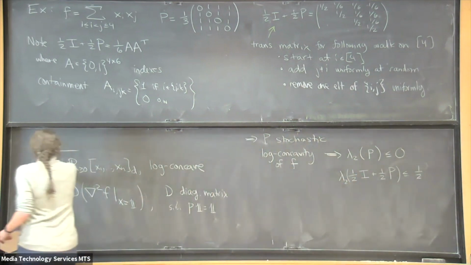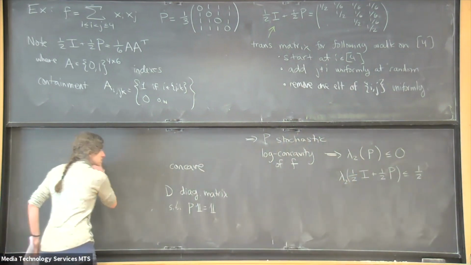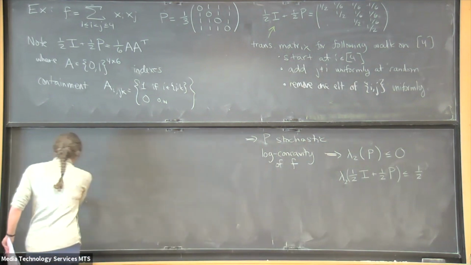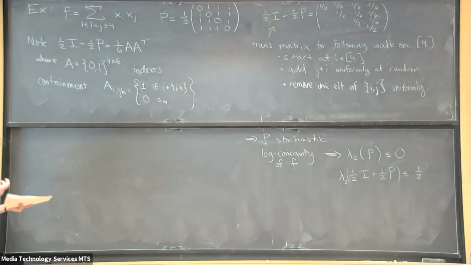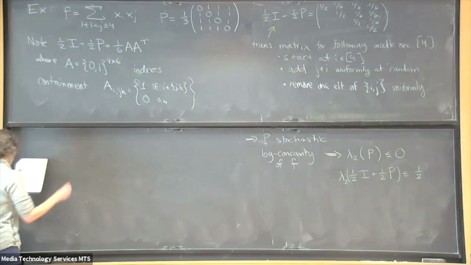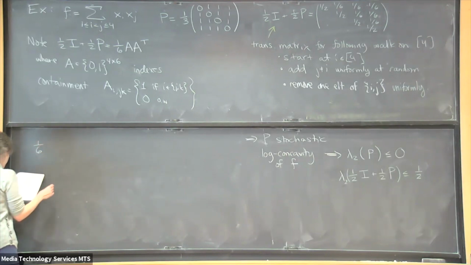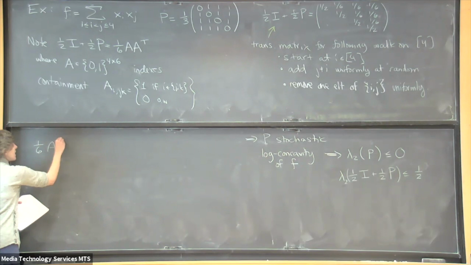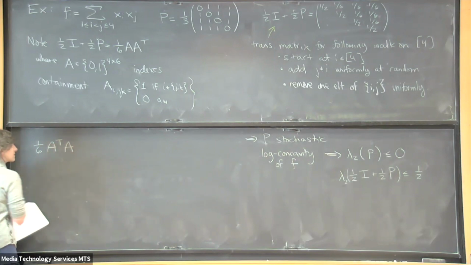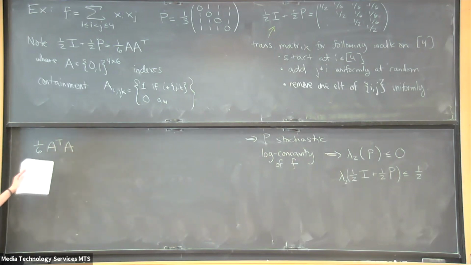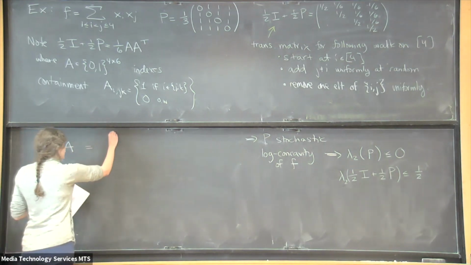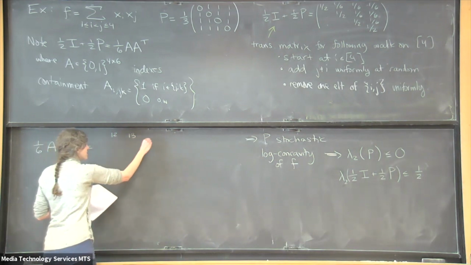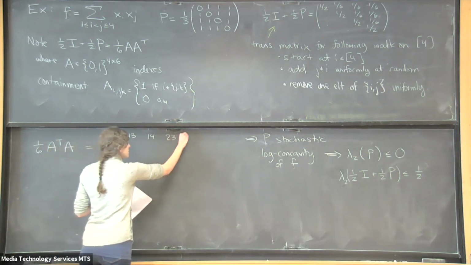And also, I could compose these steps in the opposite order and define a walk on subsets of size 2. The corresponding matrix would be A transpose A. This is going to be a 6 by 6 matrix, where the rows and columns are indexed by subsets of size 2.